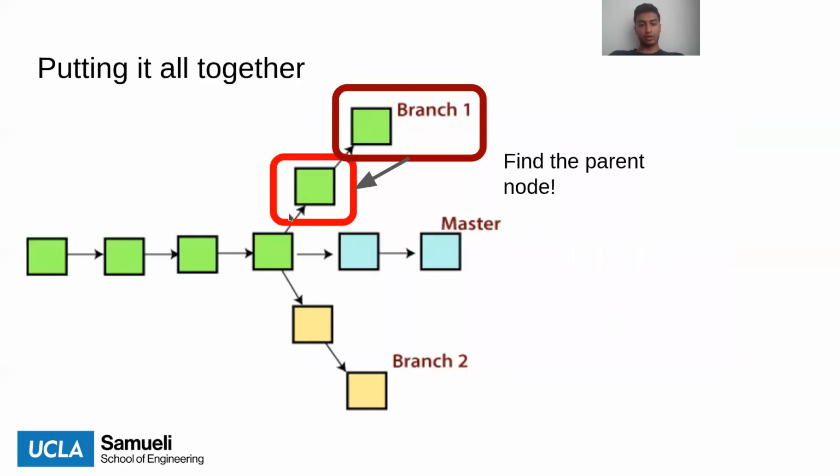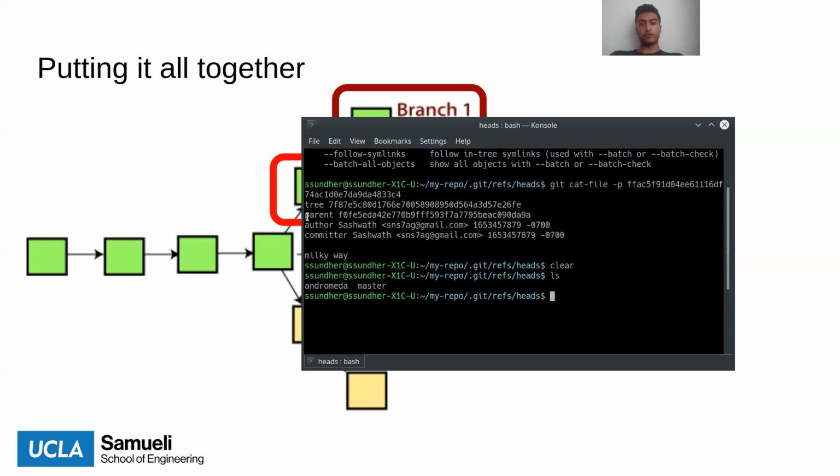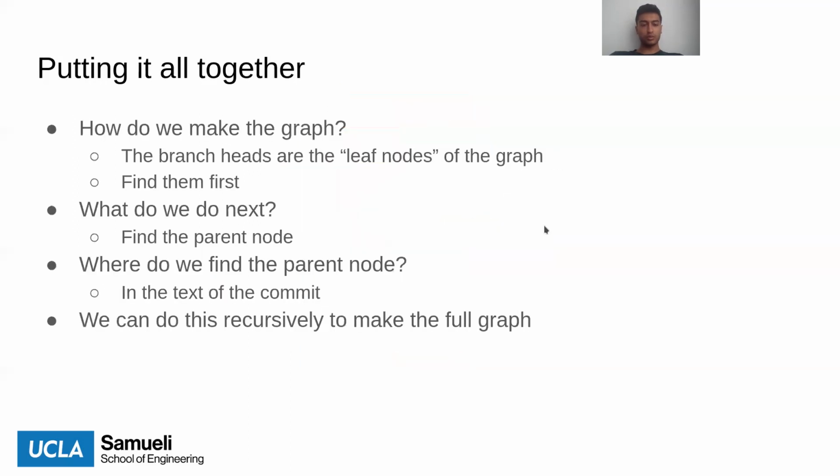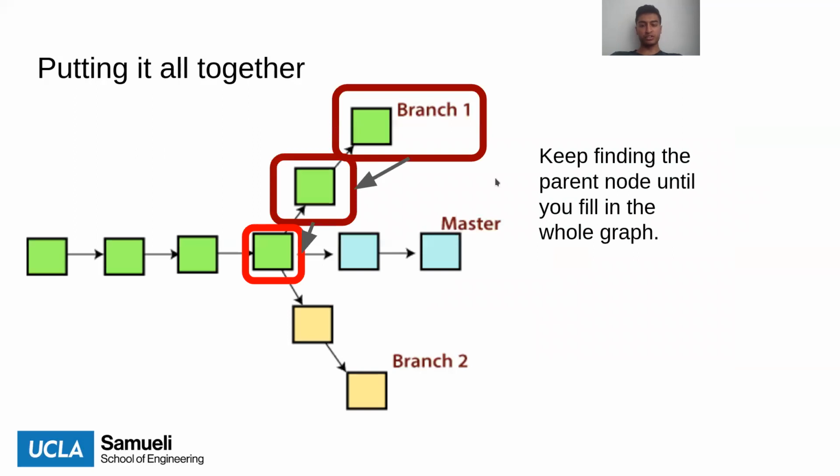So we find the parent node. If we look in the data of the commit file, it has the hash of the parent. Then we can find the parent node in the text of the commit, and we do this recursively to make the full graph.